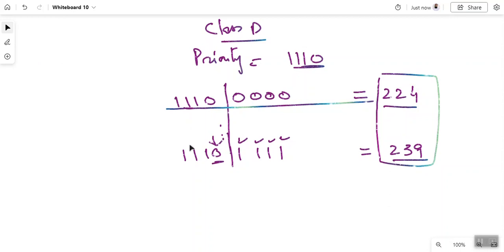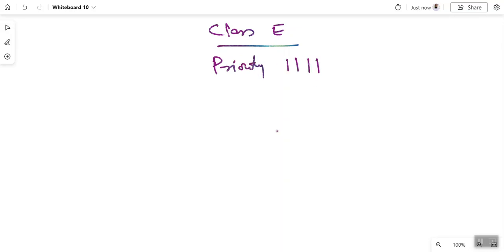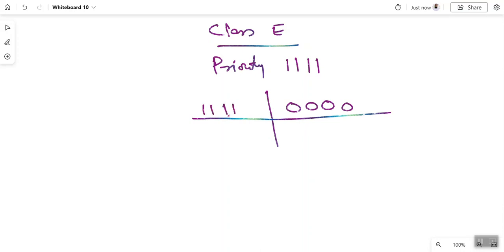Now the last one is class E. Class E also has 4 priority bits, but these priority bits are 1, 1, 1 and 1. If all other bits are zeros, adding 128 plus 64 plus 32 plus 16 gives you 240.